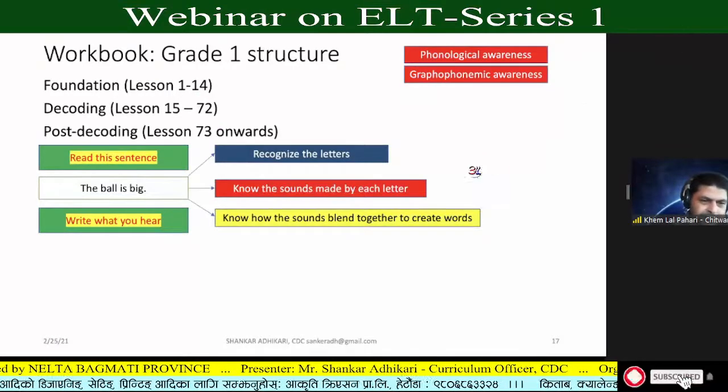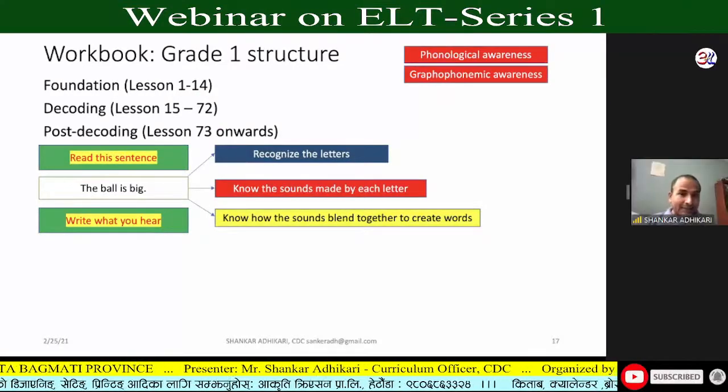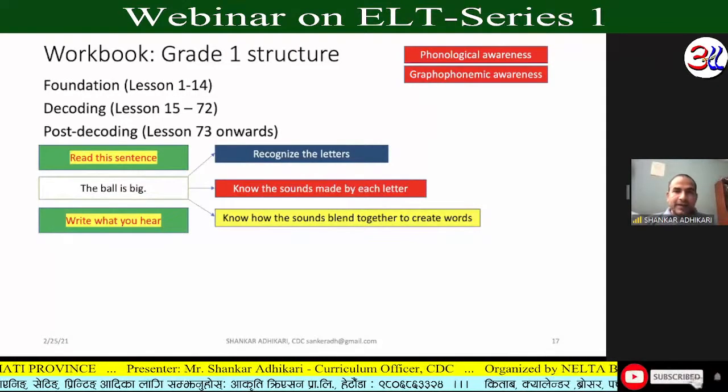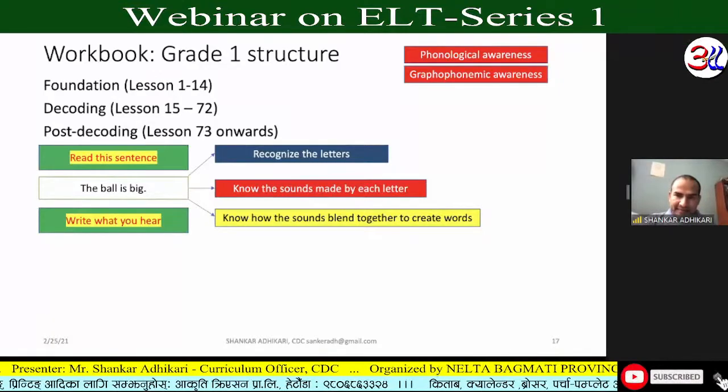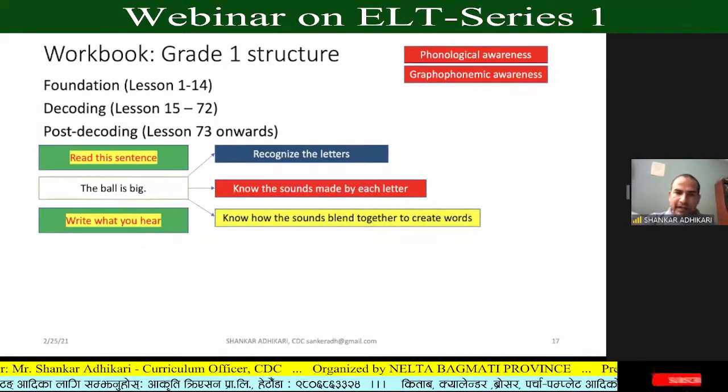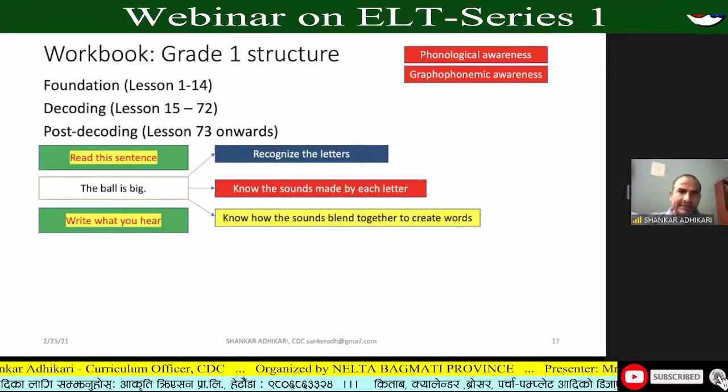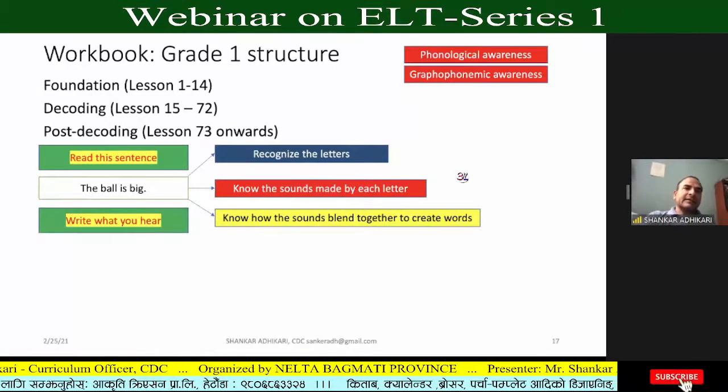So what I'm saying here is you recognize the letters, you know the sounds made by each letter, you know how the sounds blend together to create words. That's called decoding.